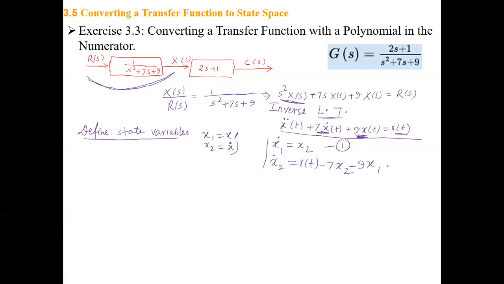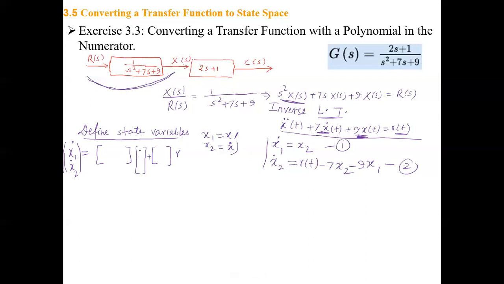Now your two equations are there. So from here, can you figure out x dot? Remember x dot equals some matrix times x, plus some matrix times R, right? That's the x dot matrix. X dot is x1 dot, x2 dot. That's your x dot. Oops, I forgot x here.